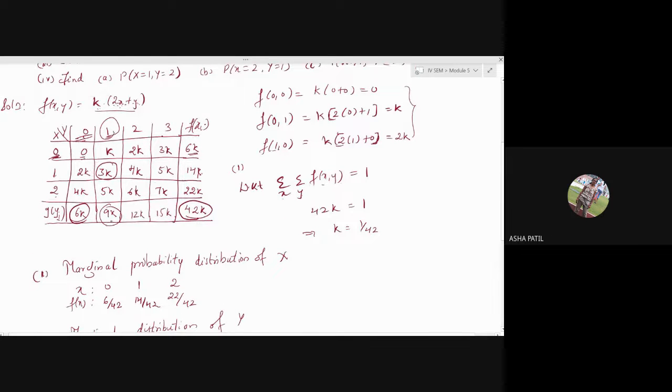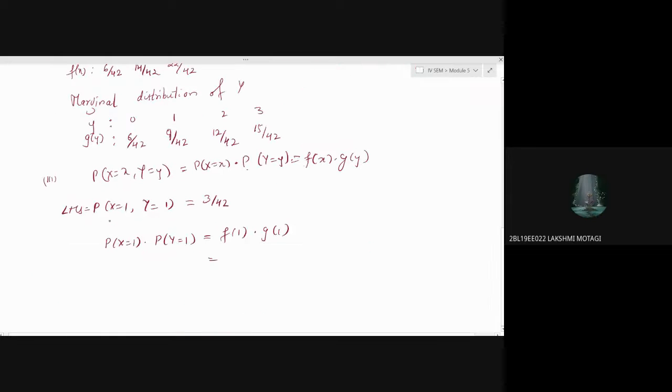And g of 1 is 9 by 42. So 14 by 42 into 9 by 42 gives 126 in the numerator. It's not equal to 3 by 42, right?